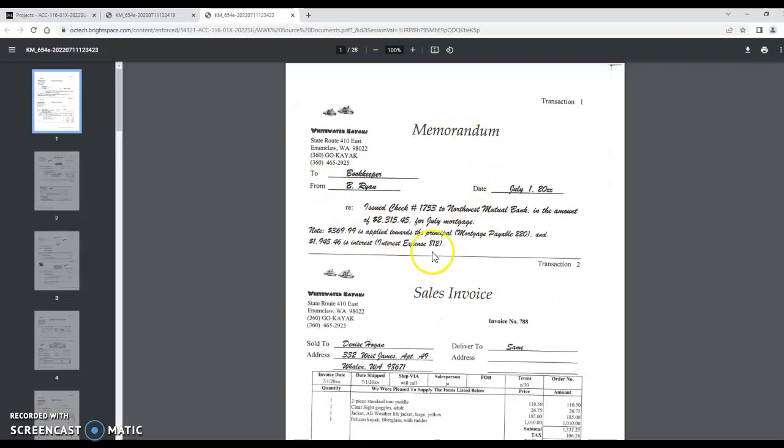So in this first transaction, we had said in the first part of the video that because we're issuing a check, this is going to go in the cash payments journal, and we already know, we're even told what to debit: mortgage payable and interest expense. Also, since this involves cash, we're going to need to put it in the check register.